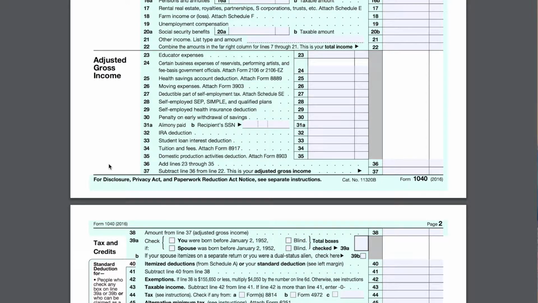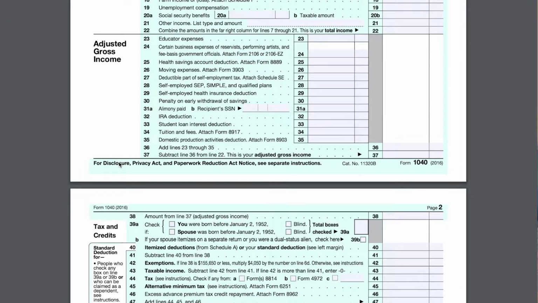Line 32 is the IRA contributions. So when you hear people talk about making an IRA contribution to get a tax deduction, there it goes on line 32. There are phase outs for high income taxpayers and other requirements such as earned income that come into play with an IRA deduction, and we'll get into those in greater detail at another point also.